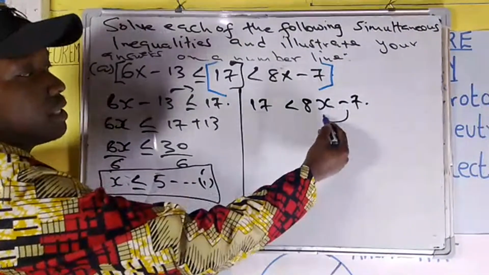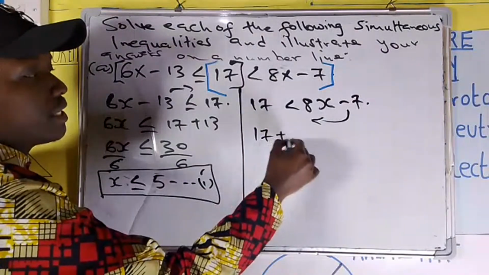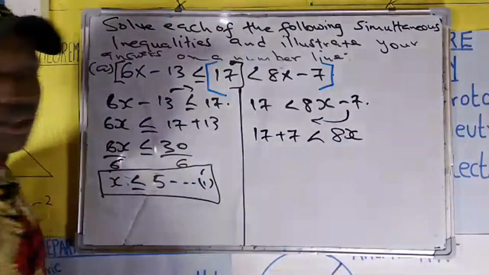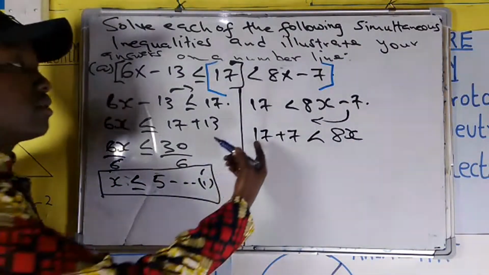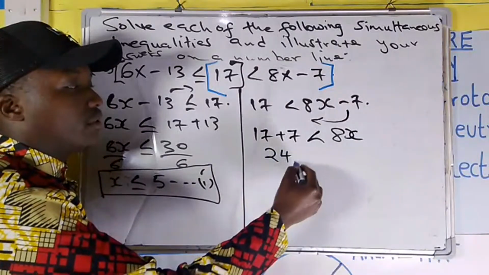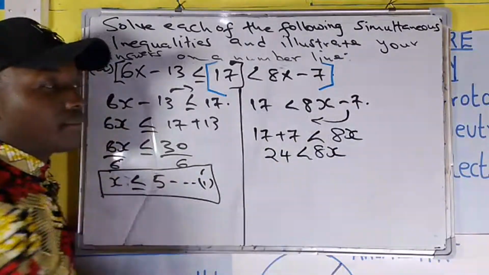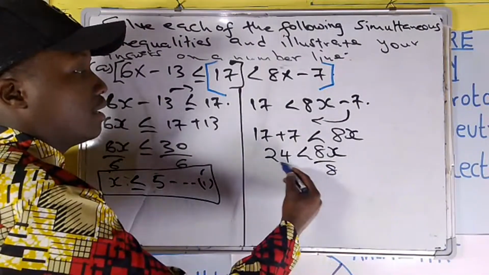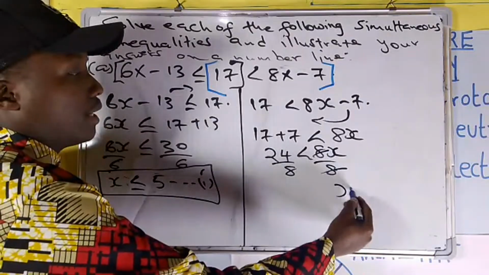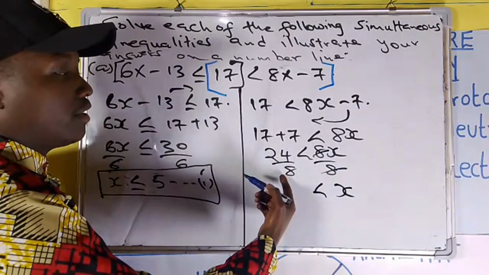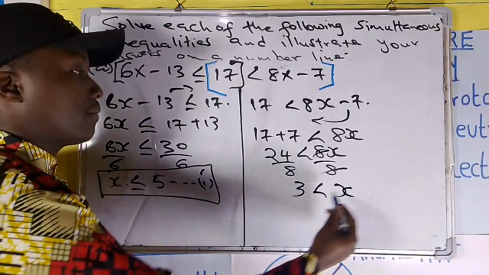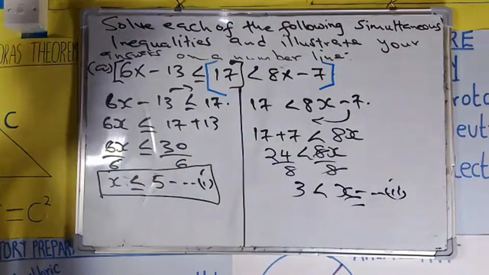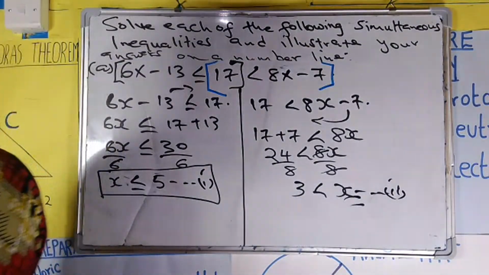So hapa tunaweza leta hii this side, tukue na 17 plus 7 is less than 8x. So 17 plus 7 itakuwa 24 is less than 8x. Na juu tunataka kubaki na 8 hapa, tuta divide both sides by 8. Tutapata x is greater than 24 divided by 8, itakuwa 3. Hiyo nayo itatupatia Roman 2.